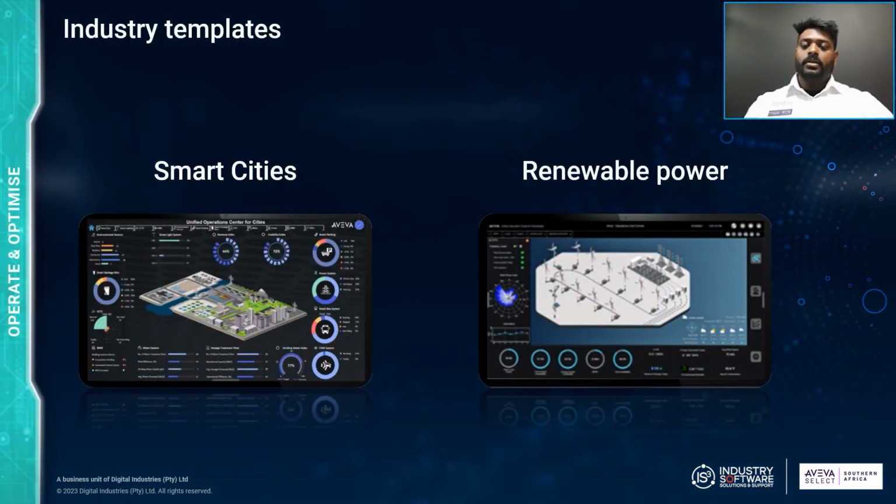The Unified Operations Center industry templates address several use cases and provide specific examples across industries such as oil and gas, infrastructure and smart cities, data centers, power, and mining. The smart cities template unifies city services in support of daily situational awareness. The renewable power template oversees a fleet of solar and wind assets in context to visualize their generation contribution.